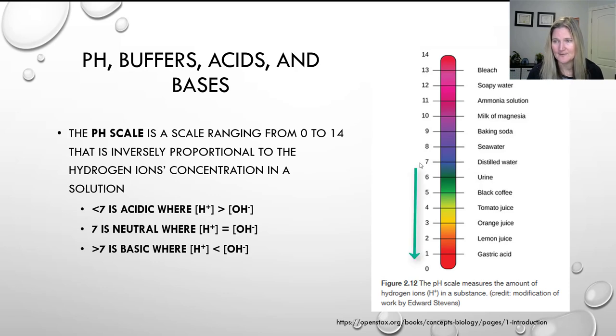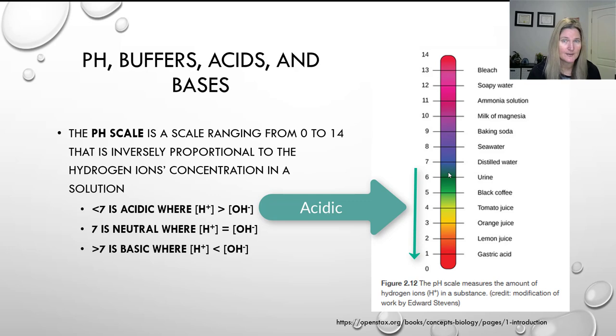Anything less than 7, so anything from 0 to less than 7, this area, these are what we consider acidic. Okay, so acidic basically means that they actually have more hydrogen ions in their solution than hydroxyl ions.